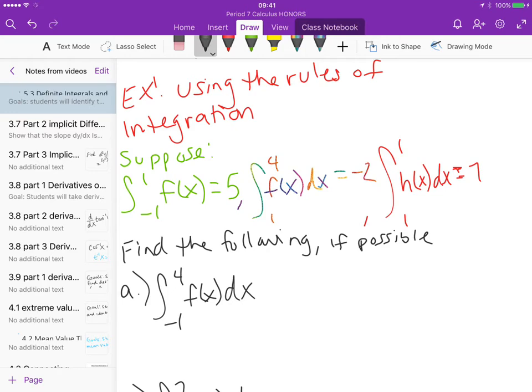From -1 to 4. We want to find our integral of f of x. So let's think about this.